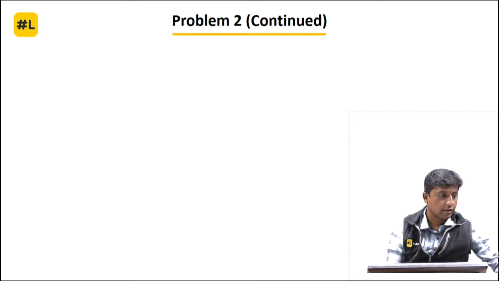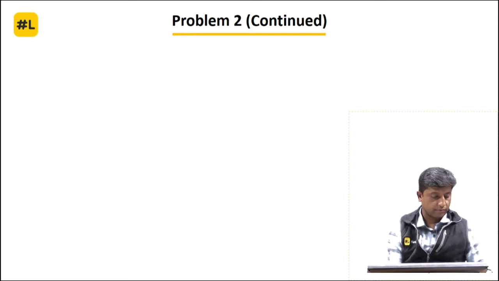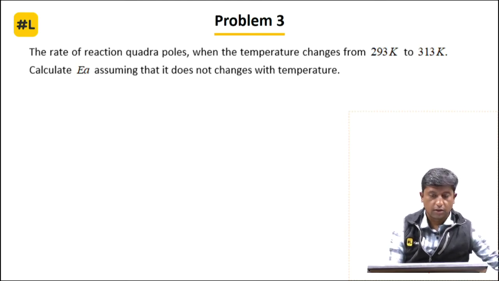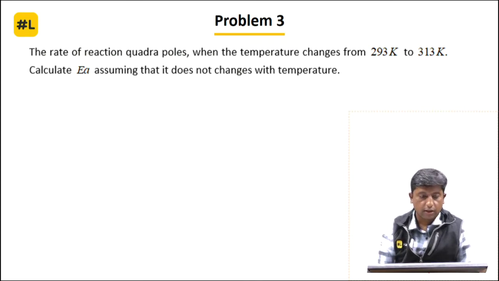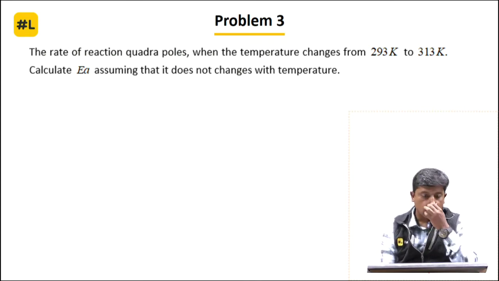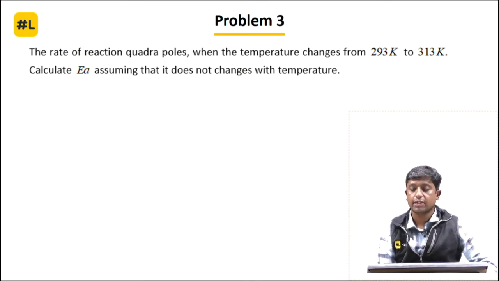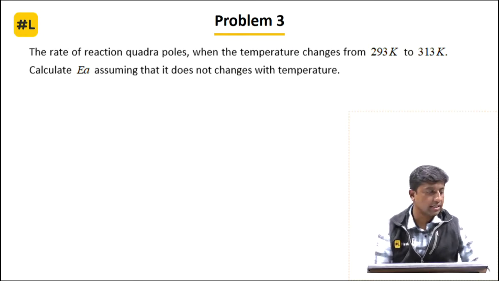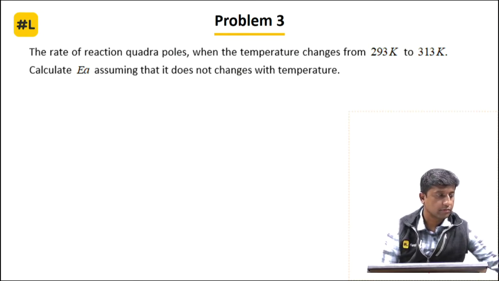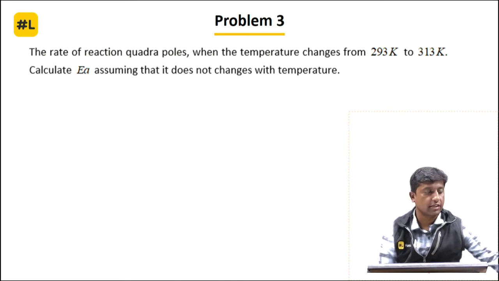Okay. Next. Problem number 3. The rate of reaction quadruples when the temperature changes from 293 Kelvin to 313 Kelvin.